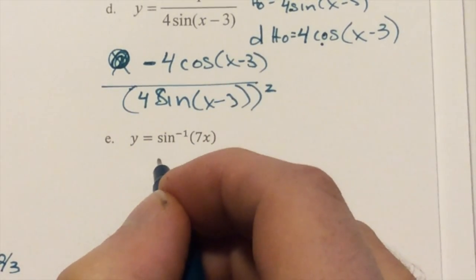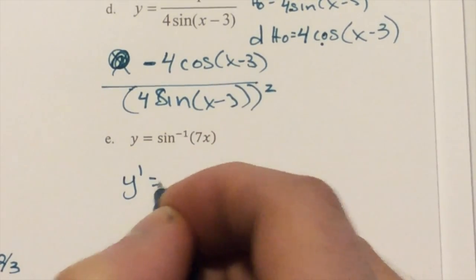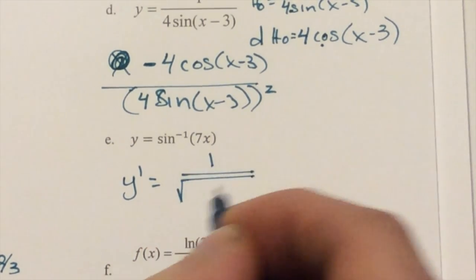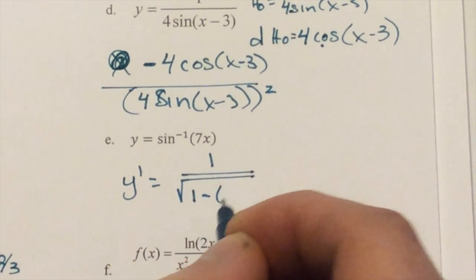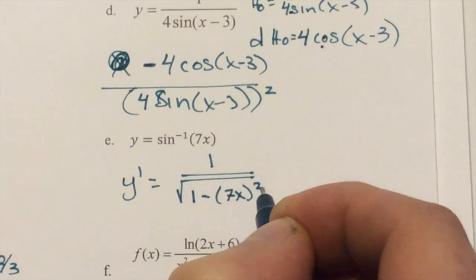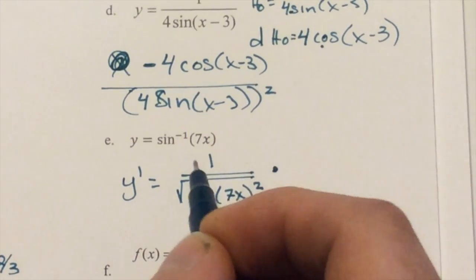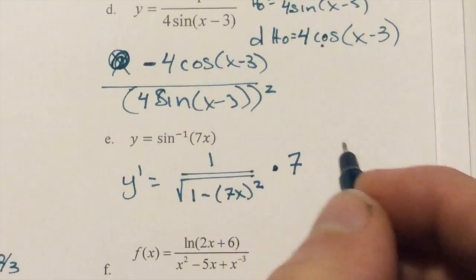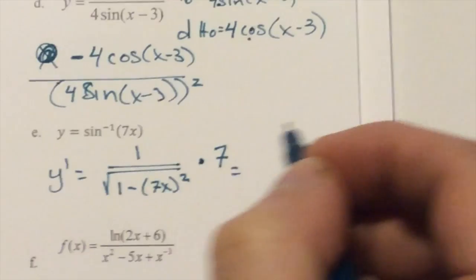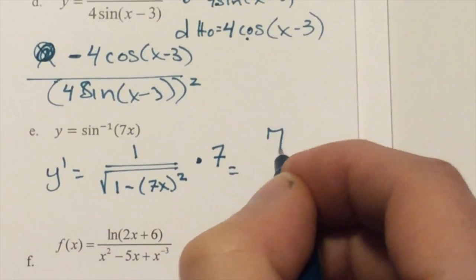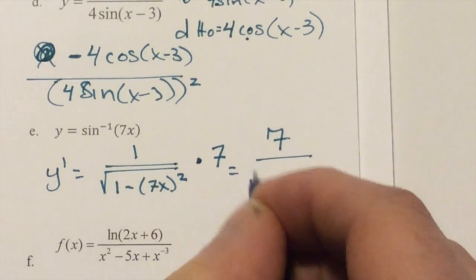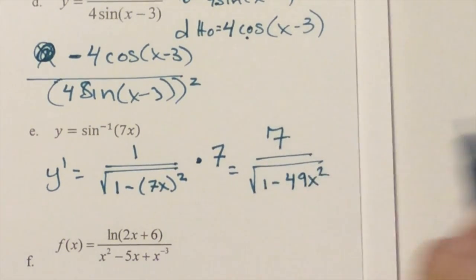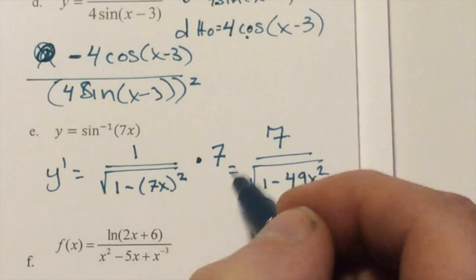So y prime equals 1 over the square root of 1 minus 7x squared, times the derivative of the inside, 7x, so it's 7. So my answer is 7 over the square root of 1 minus 49x squared. There's our answer.